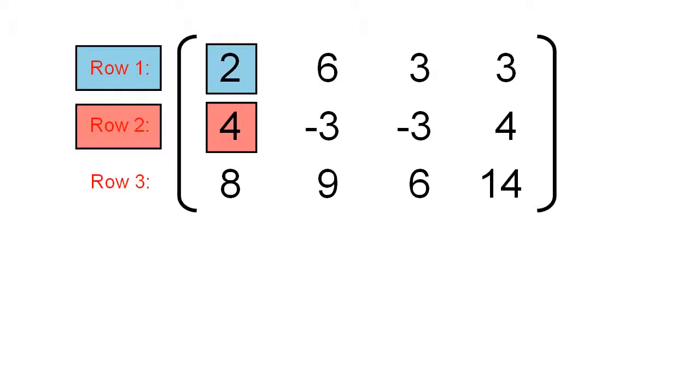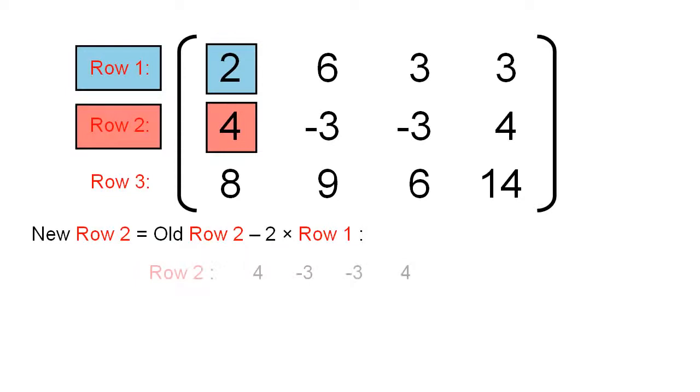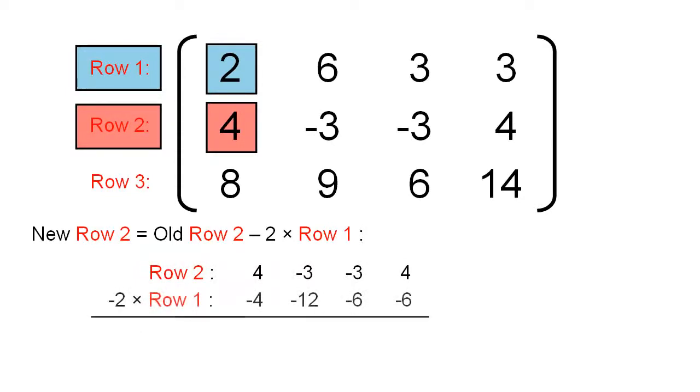If I multiply row 1 by 2 and subtract that from the old row 2, then I'll get a 0 in that position. So let's write out what we have. The old row 2 is shown there, and then we're going to subtract twice row 1 from it to get a new row 2.